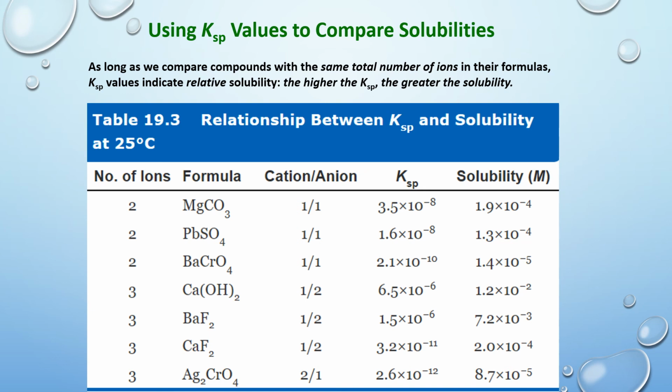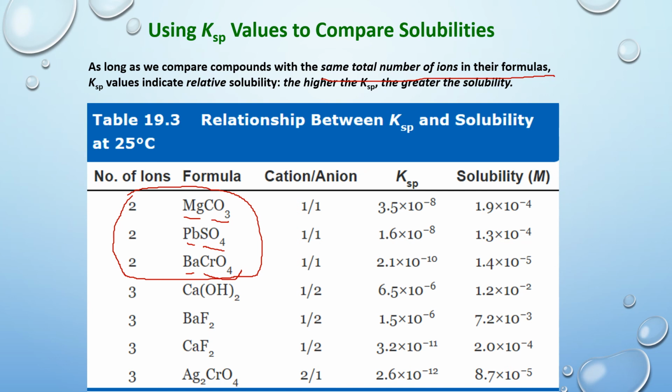But we need to be careful: when we compare KSP values, we have to make sure these ionic compounds have the same total number of ions in their formula. For example, the first 3 compounds in this table have a total of 2 ions, 1 cation and 1 anion. The anion could also be a polyatomic anion, so we don't separate the polyatomic anion.